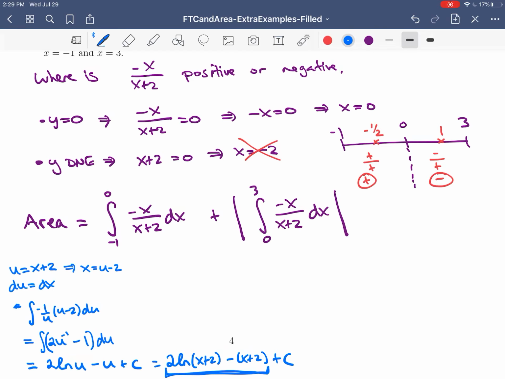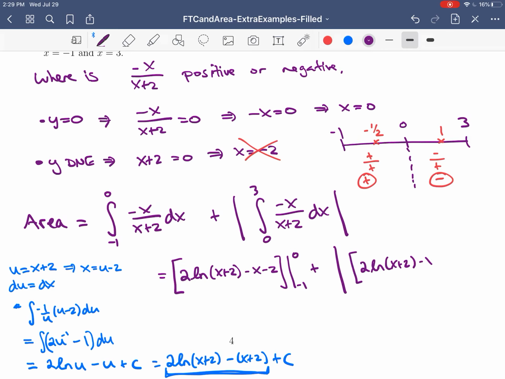It's a bit complicated, but if we wanted to finish, it's going to be 2 ln of x plus 2 minus x minus 2 evaluated from negative 1 to 0, and then the same thing but in absolute values from 0 to 3.